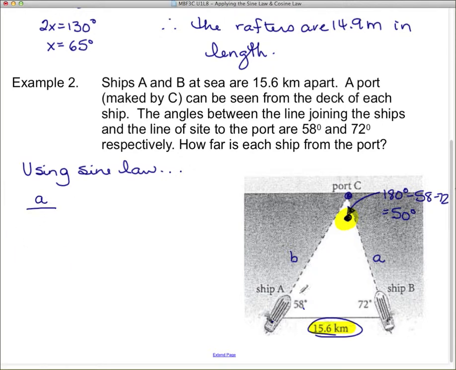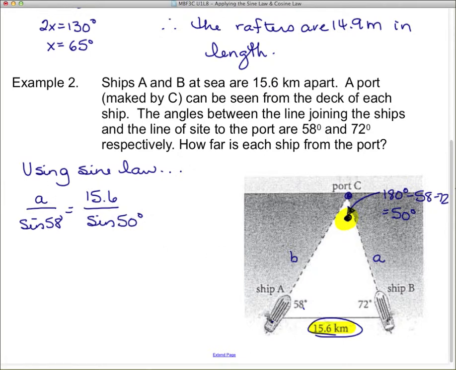So a over sine 58 equals, and I'm not going to use b over 72 because I don't want b in there yet. I'll use c, which I know, which is 50, and the 15.6. So the side c is 15.6 over sine 50 degrees.